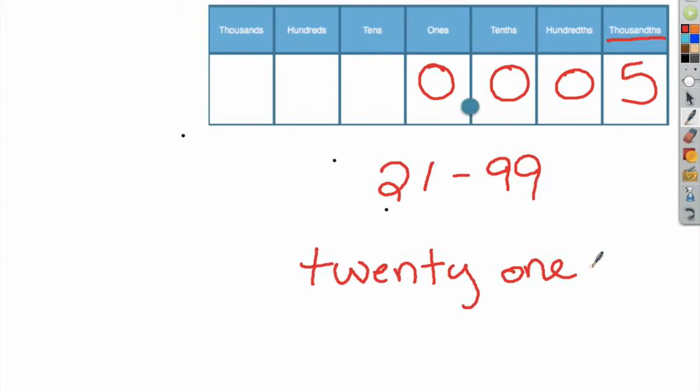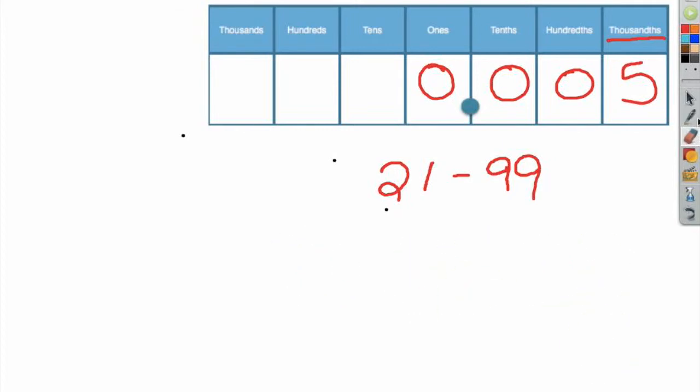A dash, and we call that a, does anyone know what that's called? Starts with an H. No? Hyphen. So every number 21 through 99, except for the ones that end in 0, will always have a hyphen between them.